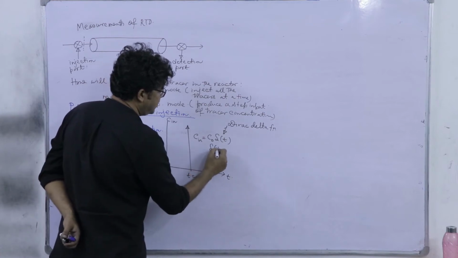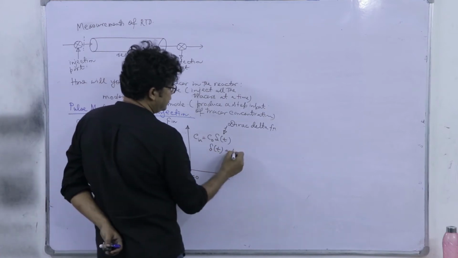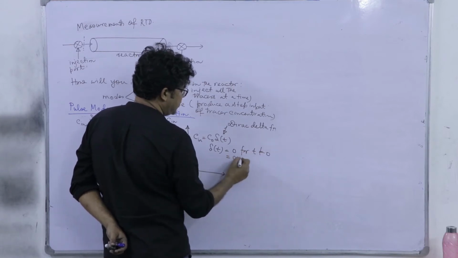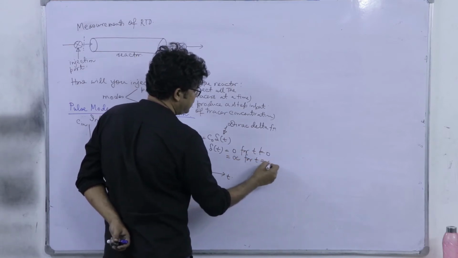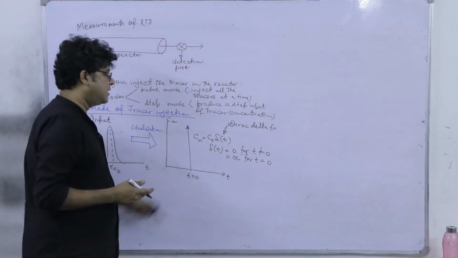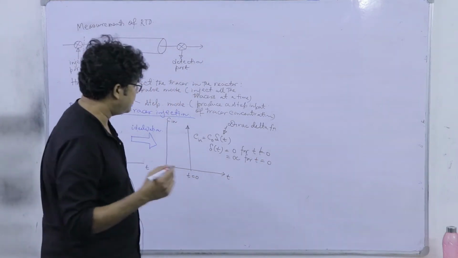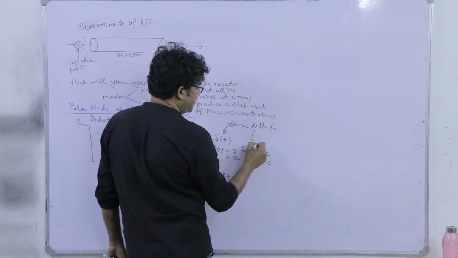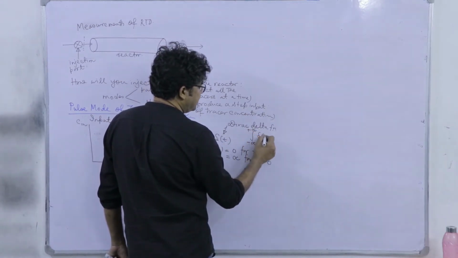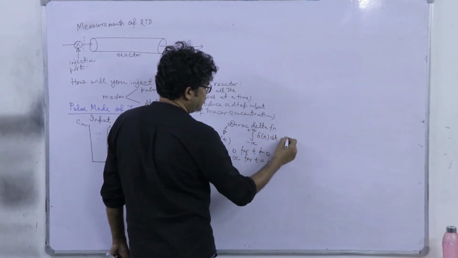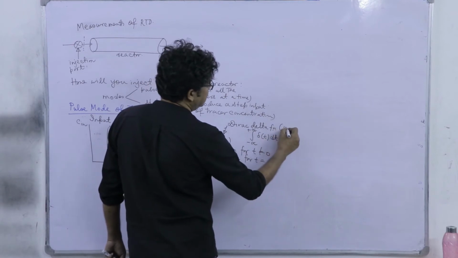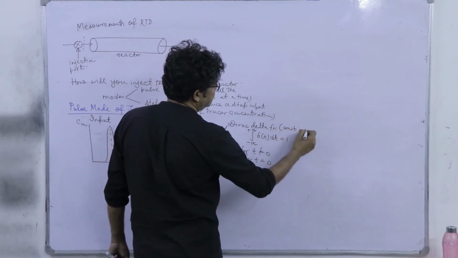So, delta t is equal to 0 for t not equal to 0 and equal to infinity for t equal to 0. We could have written it as simply delta t, but what is the problem? The Dirac delta function has the property that the integral from minus infinity to plus infinity of delta t dt is equal to 1. That is called unit impulse function.